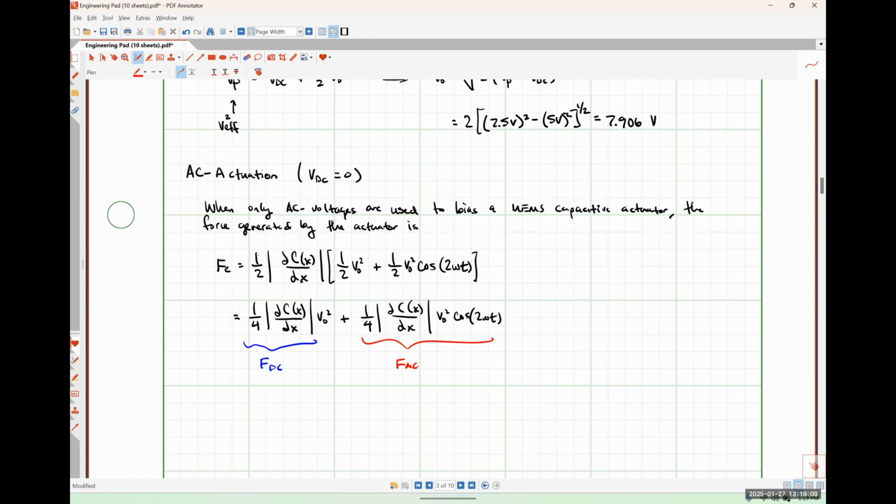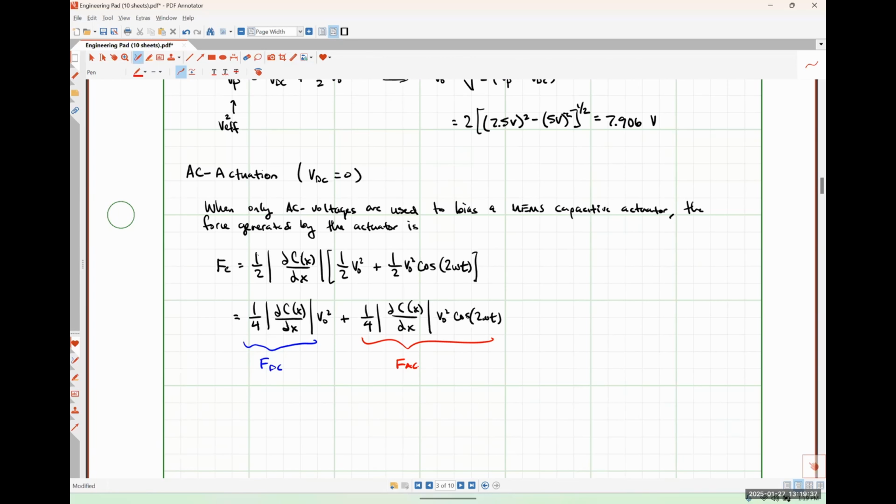Now, one thing that is very regularly done, specifically with using AC actuation voltages, is we might choose to electrically excite this system at exactly half of the mechanical resonant frequency, so that our AC force is generated at that mechanical resonant frequency, right?